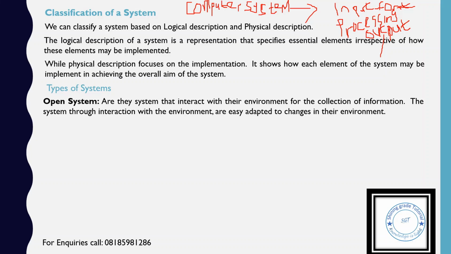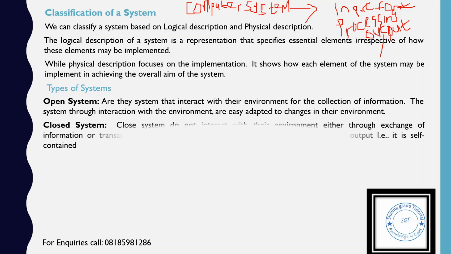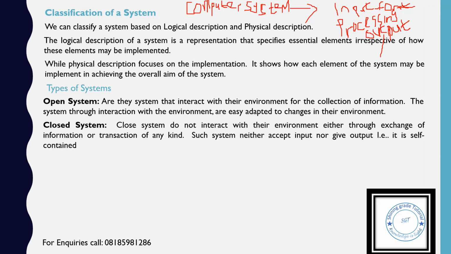But a closed system does not in any way interact with the environment in the exchange of information. It is not open to its environment. Such a system neither accepts input nor gives output. It is self-contained.